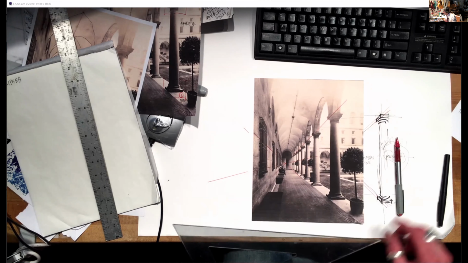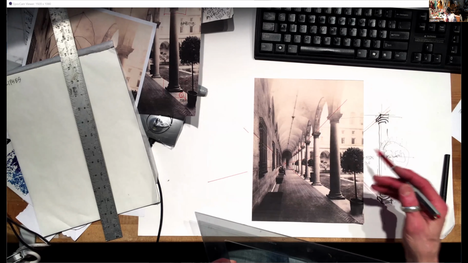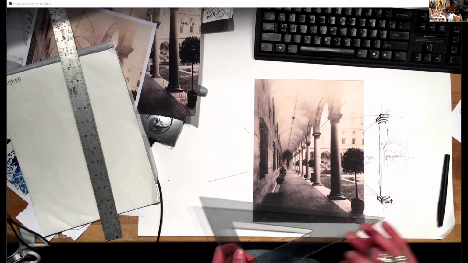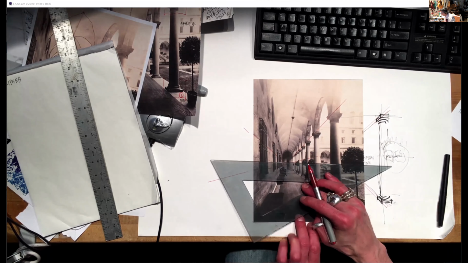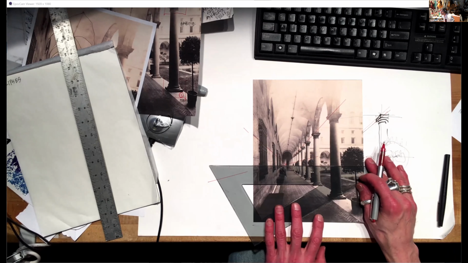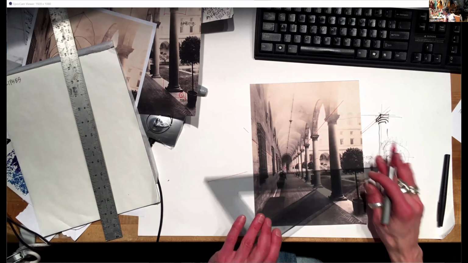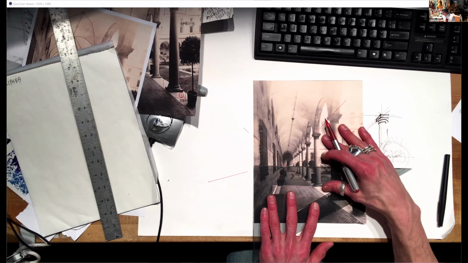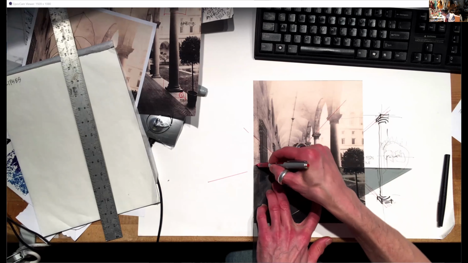So by definition, the vanishing point is on the horizon where all these lines intersect. So it's going to be at that point, a horizontal line.